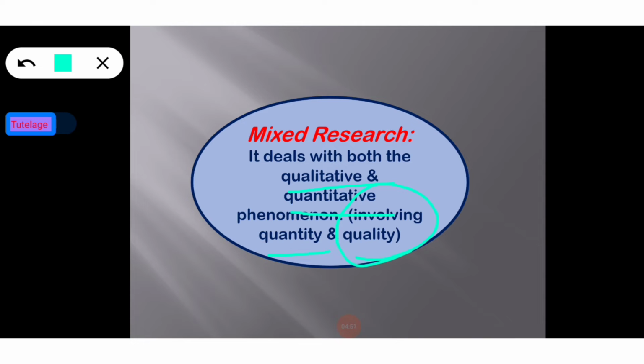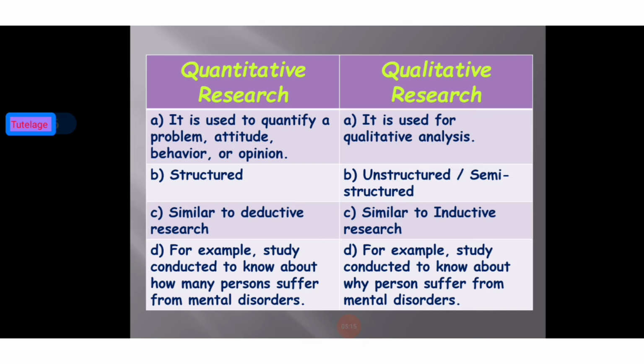So basically quantitative research deals with the quantity, qualitative research deals with the quality, and mixed research deals with both the quality and quantity. I think quantitative research, qualitative research, and mixed research is clear to everyone. So now move on to the next slide where we can see the differences between quantitative research and qualitative research, and this is one of the most important topics of this chapter.